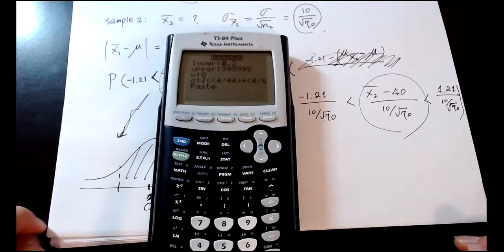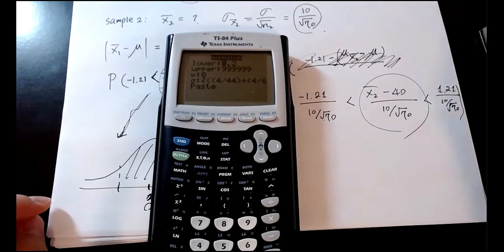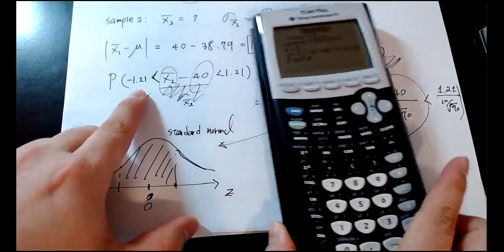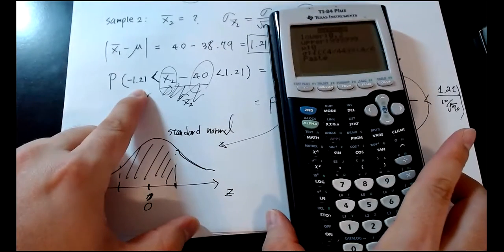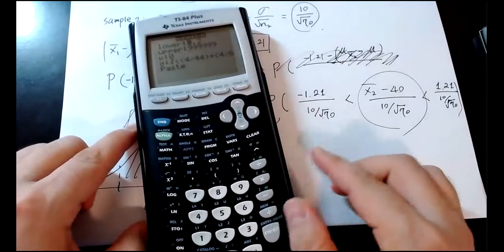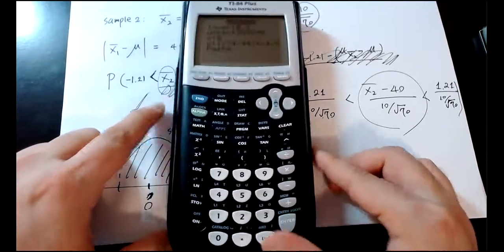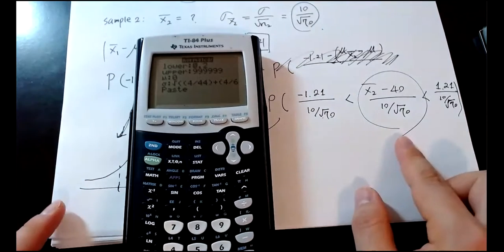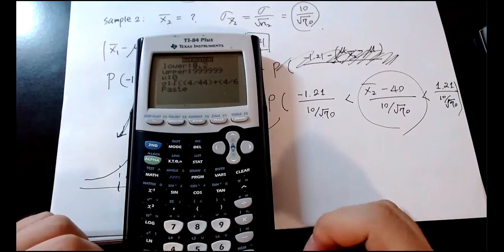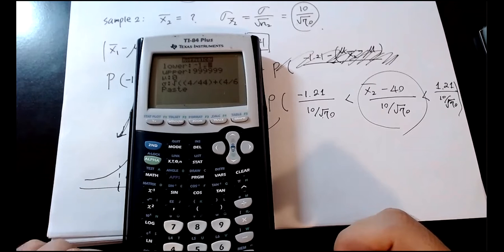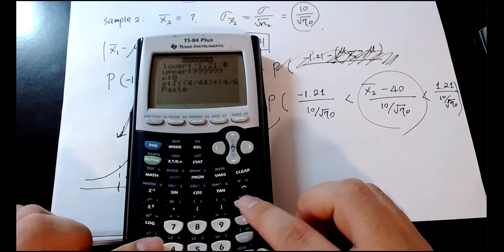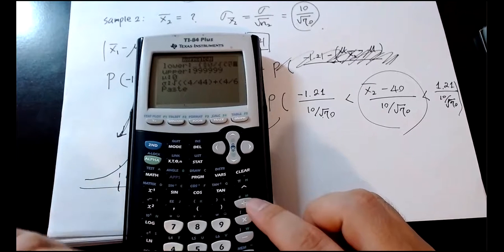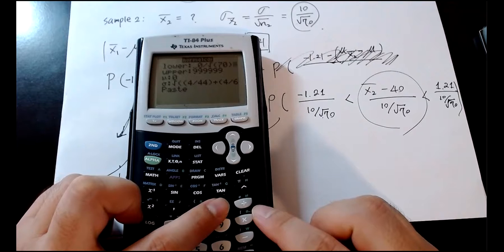The lower bound must be negative 1.21 divided by 10 divided by square root 70.